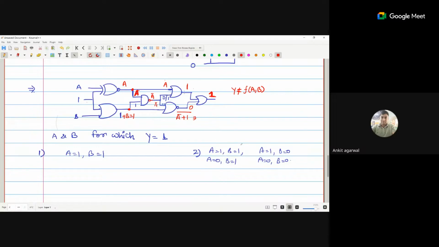So for any value of a and b, output y is always 1. Clear? Any doubts? So this answer is wrong. This is the correct answer.